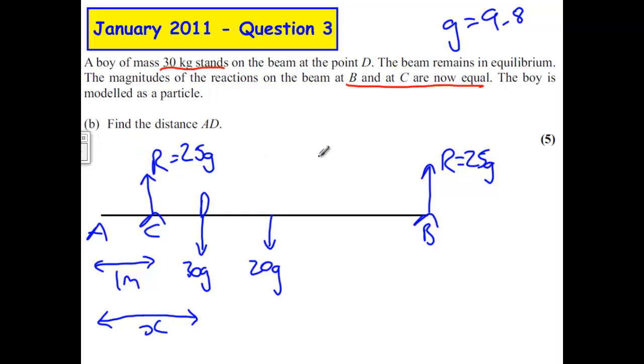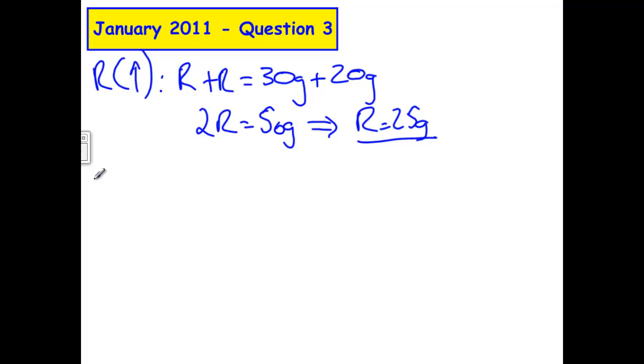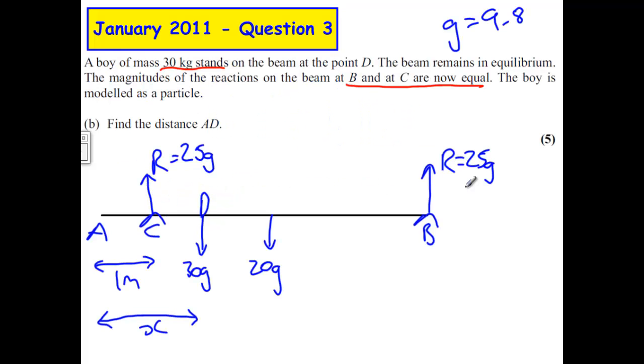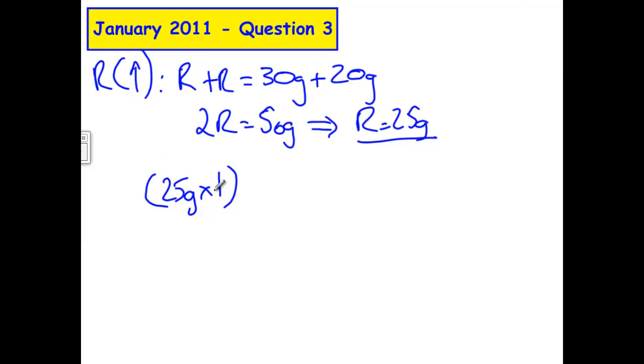So if we start off looking at our anti-clockwise forces, I'm going to have the reaction force at C, which is 25G times 1. And I'm also going to have the reaction force at B, which is 25G times 6. Remember, C is 1 meter from the end A, and B is 6 meters from the end A.